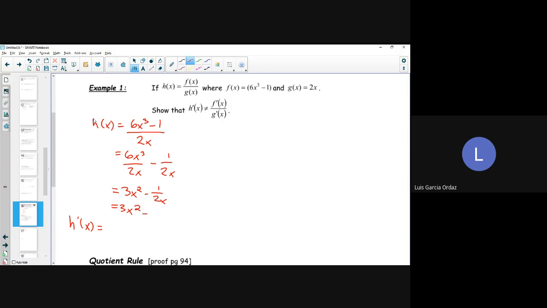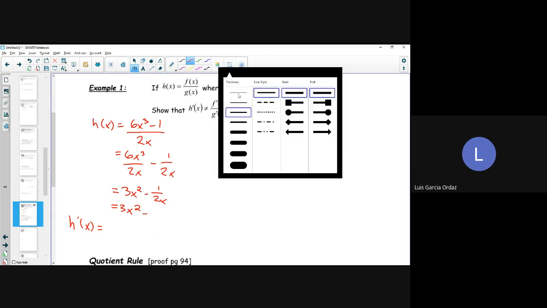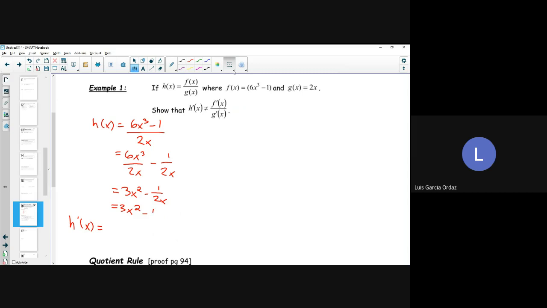I forgot to keep the fraction. All right, so remember, h prime of x is just the derivative of the first plus the derivative of the second.